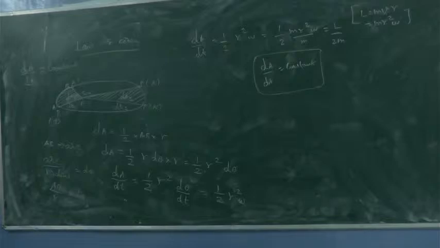What is dA? Area covered by the position vector. We copied the statement in yesterday's class for the law of area: the position vector or aerial vector covers equal areas in equal intervals of time.